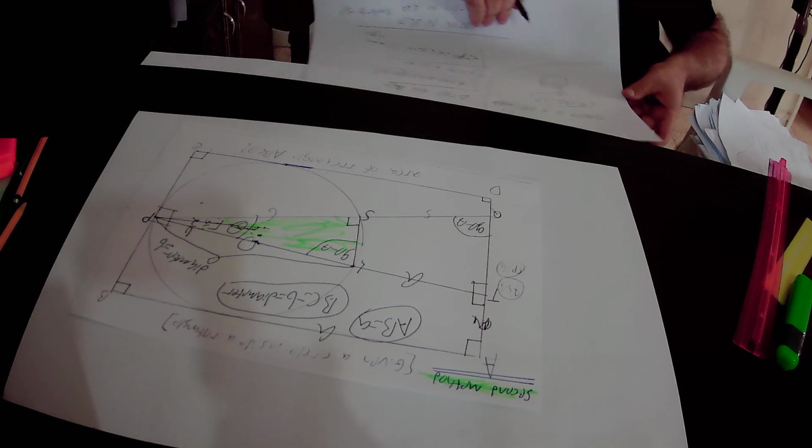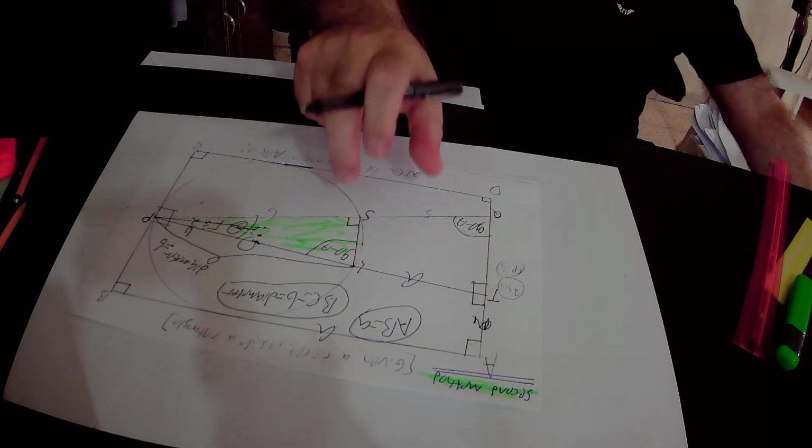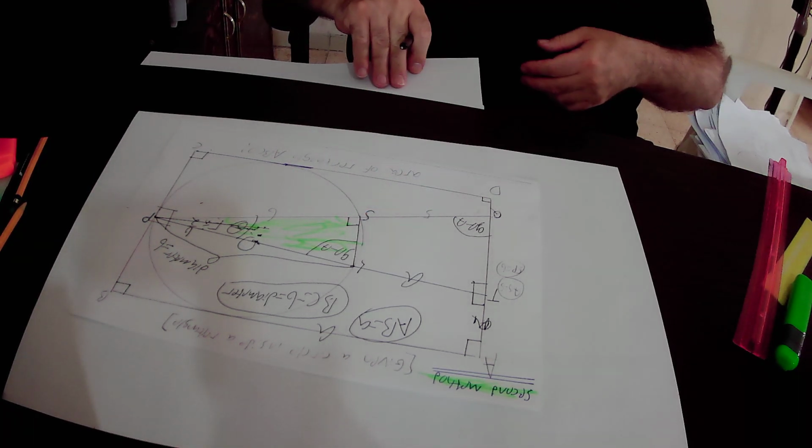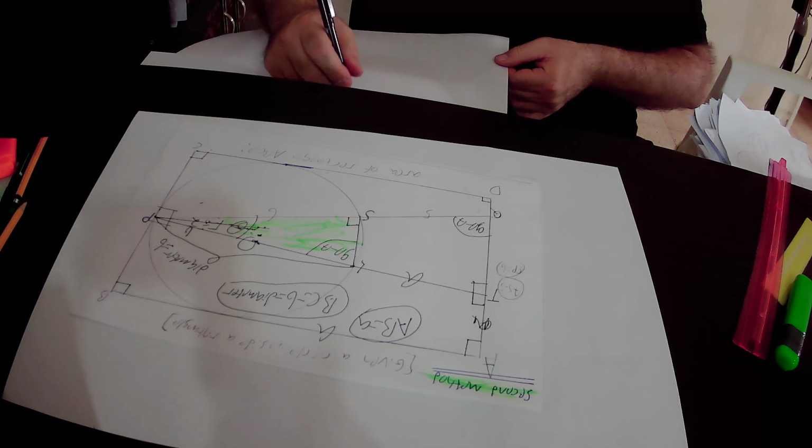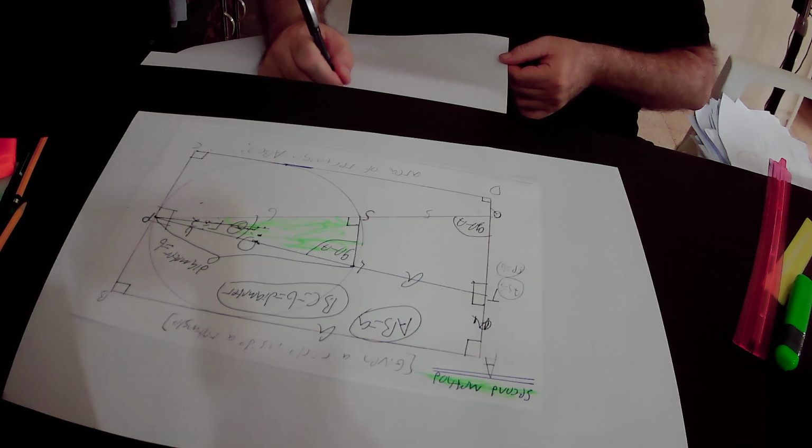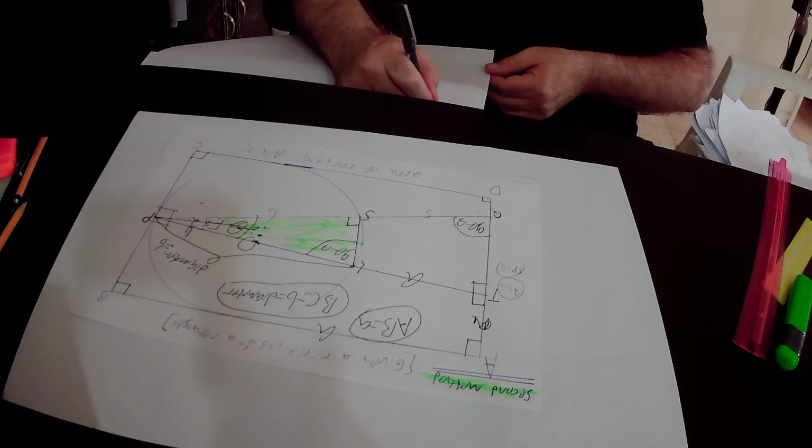And for the fact that those two triangles are similar to each other, we will derive that the following relationship exists between their sides.